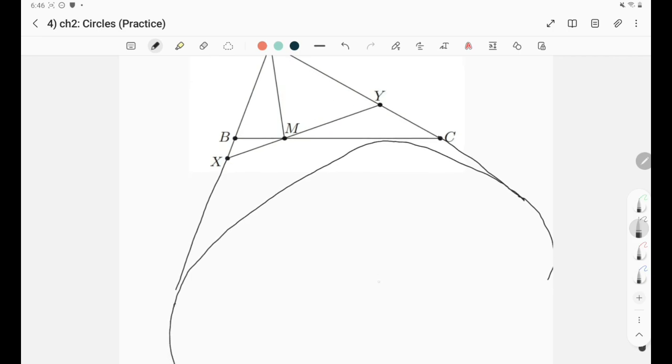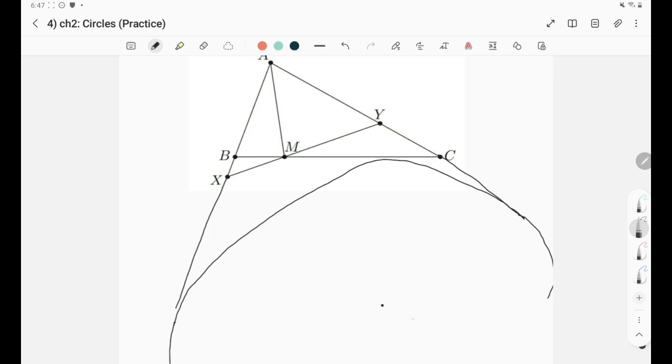But anyway, our goal is just to visualize. So this thing is IA. And now we have the contact points here and here. Let's call these something like U, V, T.